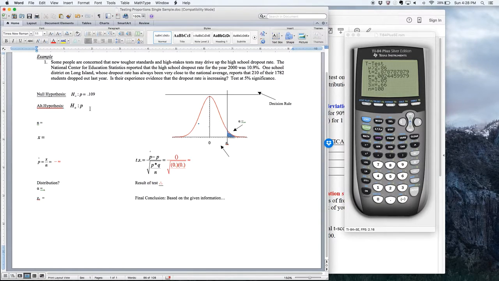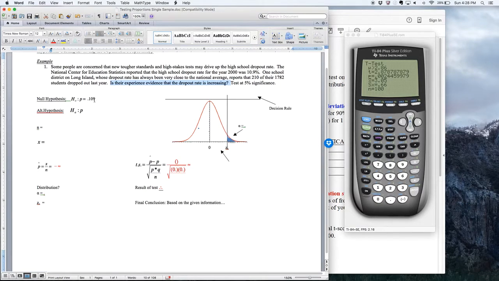Then the alternative comes from the second to last sentence: is there evidence that the dropout rate is increasing? In other words, is it the national average, 0.109, or is it higher than that? So P greater than 0.109. There's my alternative.